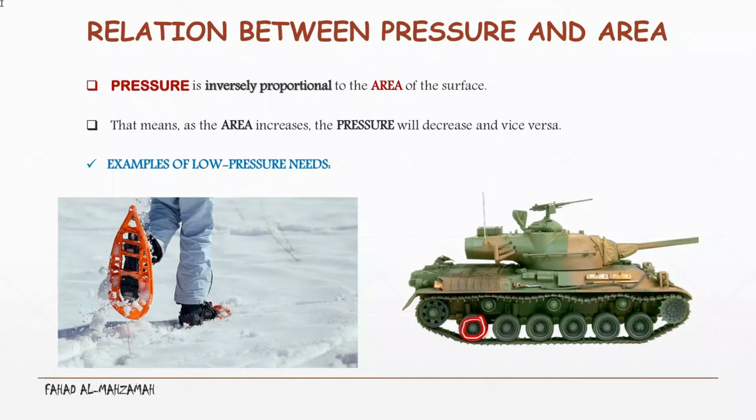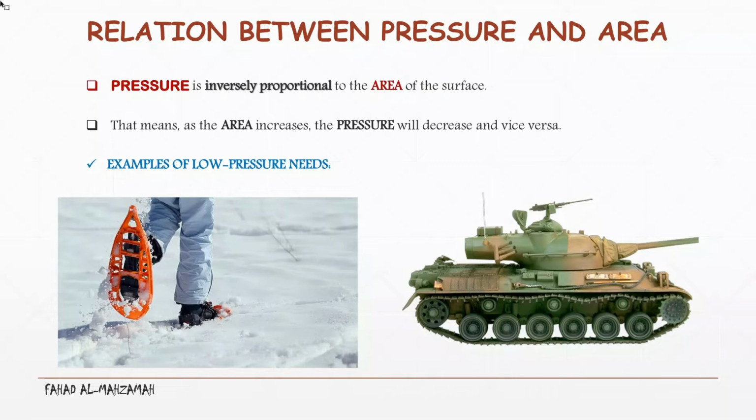Because they have a smaller area than the whole steel track. So the track contact area on the ground is much greater than the wheels contact area to the ground. Again, the track contact area with the ground is much greater than the wheels contact area, so it will exert less pressure on the ground.